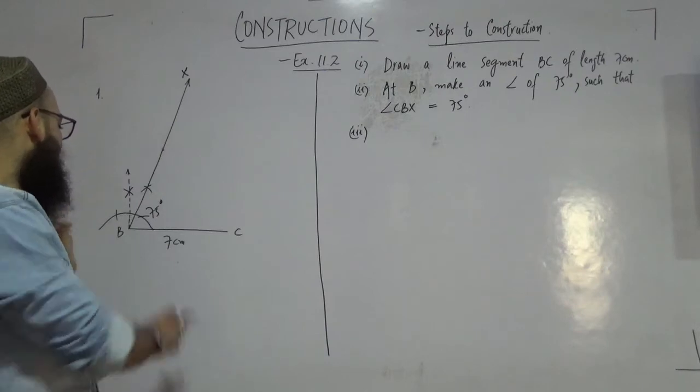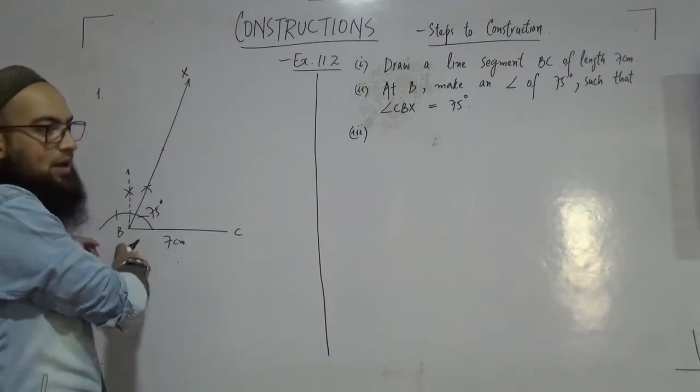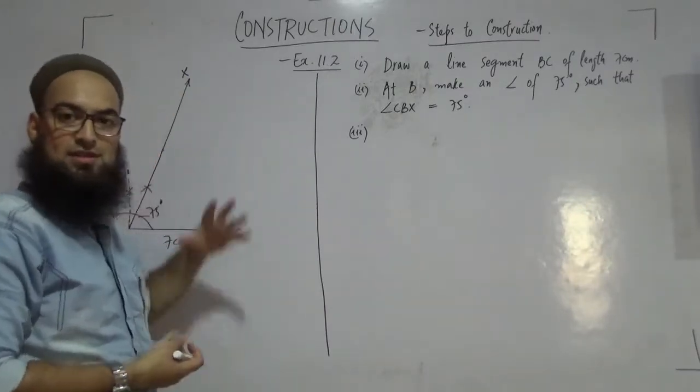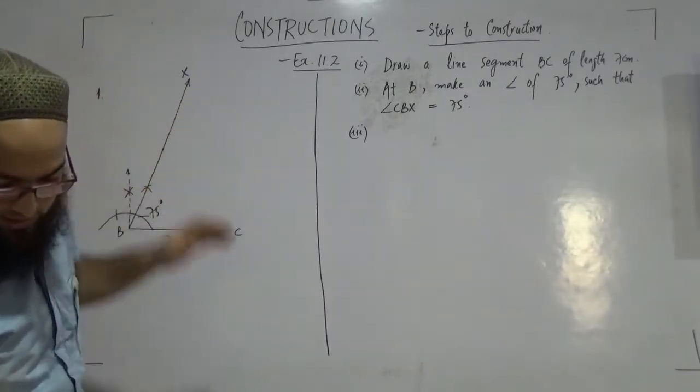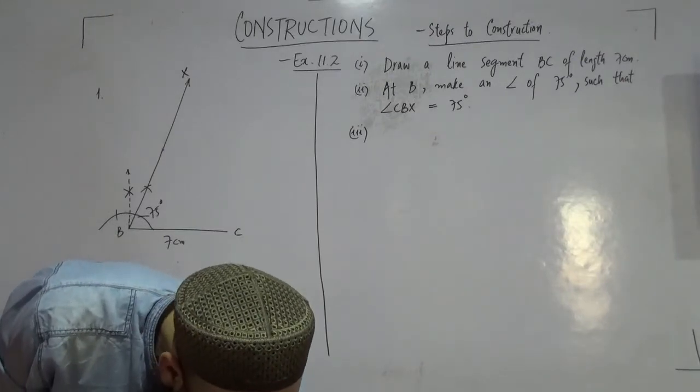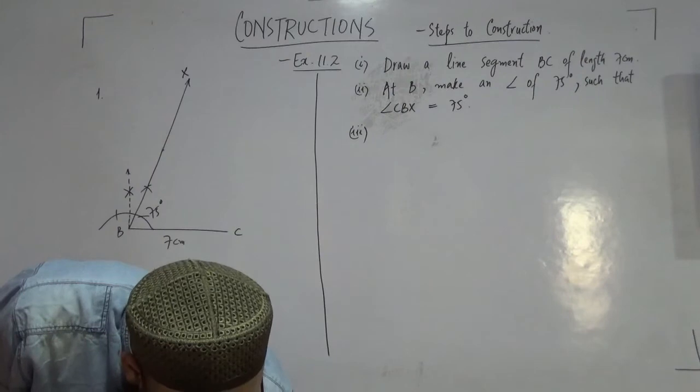Now, with B as center and radius the sum of those two given sides. What was the sum of the two given sides? It was 13. Yes, it was 13.